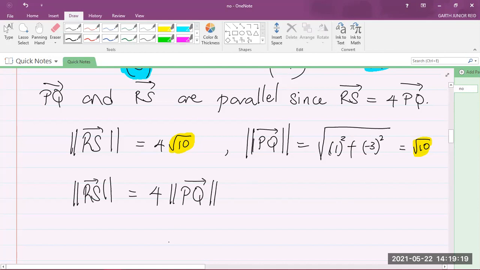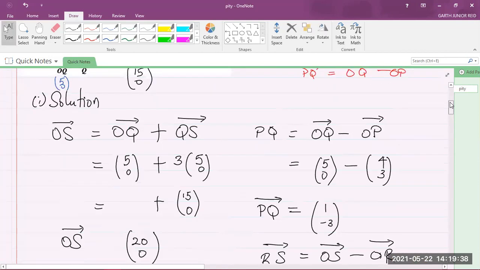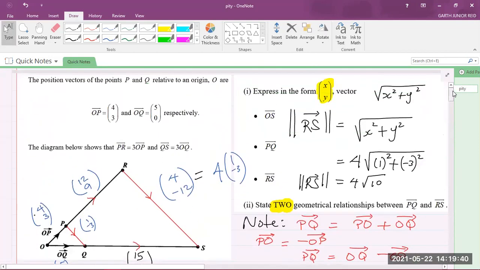So we could write that as well. This is one geometrical relationship, and this is another geometrical relationship. And that would be the end of this question for vectors.